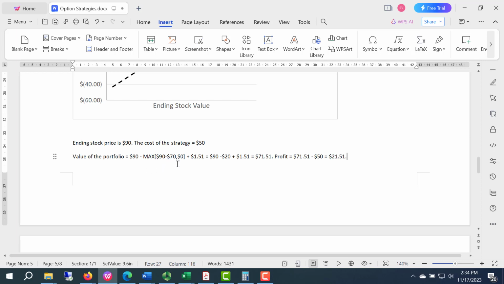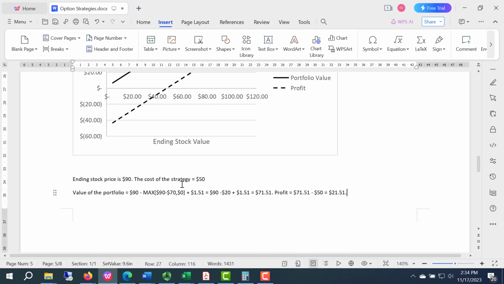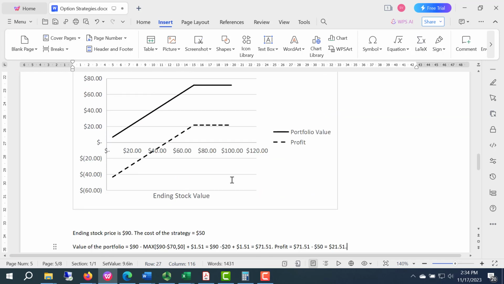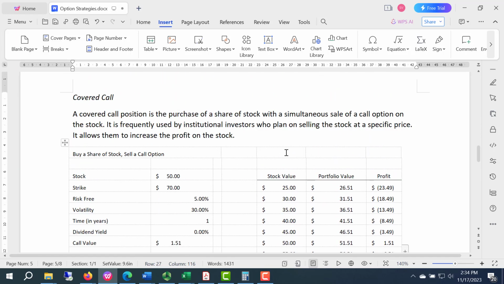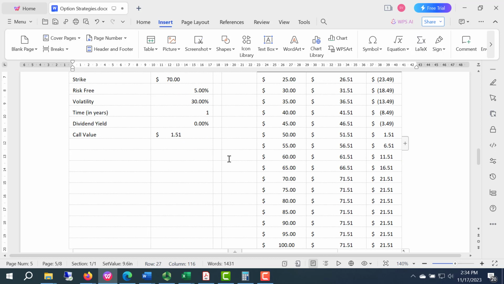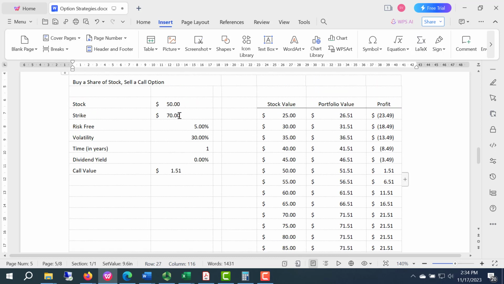So one thing to keep in mind here, whenever you use a covered call strategy, the most that stock's really worth to the person engaging in that strategy is the strike price, because that's all they get to profit from the stock. And then anything above that is going to go to whoever they sold the option to. I give the example up here of an institutional investor. They're planning on selling the stock at $70.